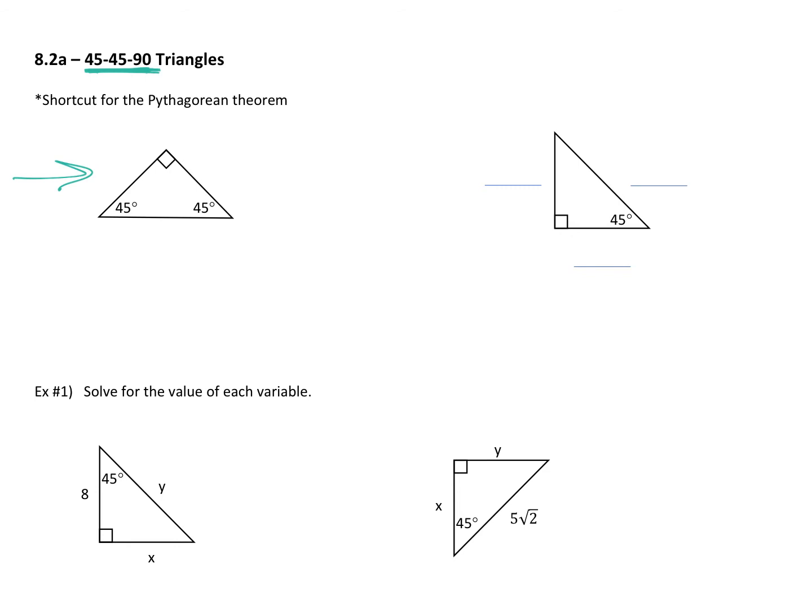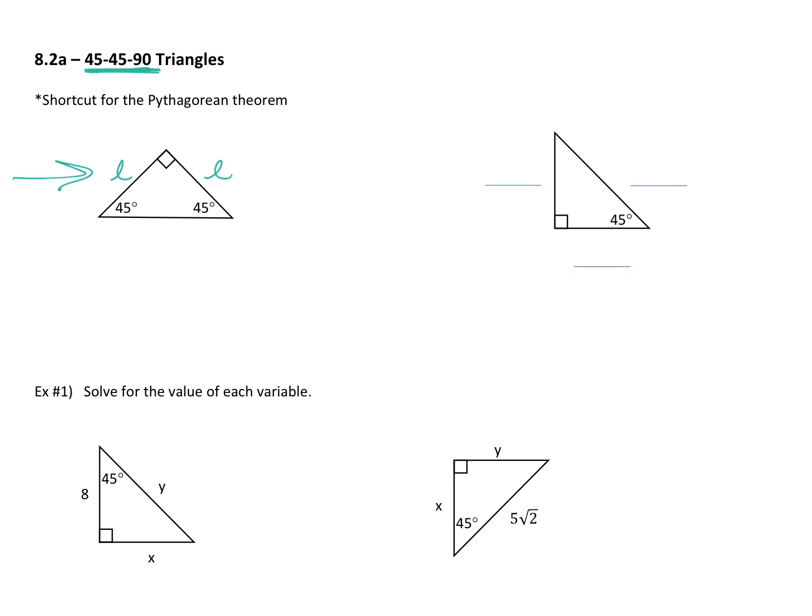Now here's the thing. That means, and you guys did this a couple times in the homework, they were setting you up for today's lesson. You didn't know, but they were. This leg and this leg are always congruent in a 45, 45, 90, right? So here's what I want you to see.